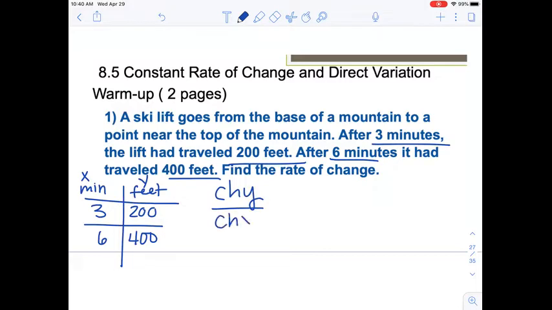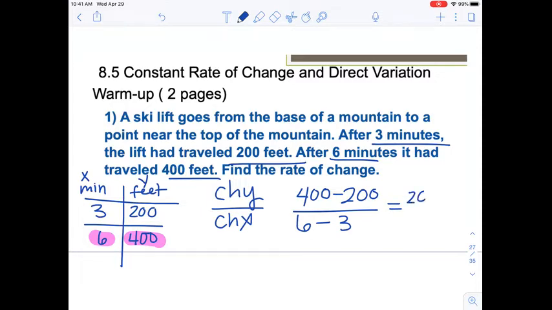So then to find the rate of change, I need to find the change in Y over the change in X. Again, I like to start with that bigger value first in my Y so that it stays positive. So I have 400 and 200. I'm finding the difference, so 400 minus 200. Those are my two Y values, and then my two X values. Since I started with 400, I have to start with 6. We have to stay consistent.